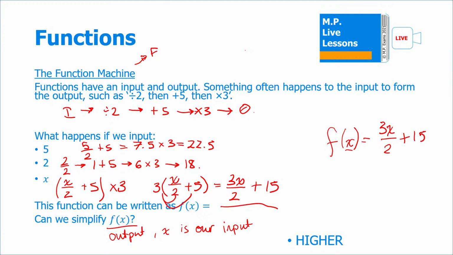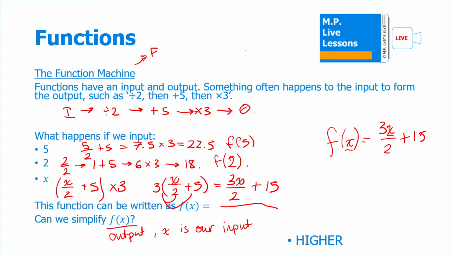Basically, wherever you see x, you'd write the value in its place. So for example, substituting 5, this would be f of 5. Substituting 2, this would be f of 2.